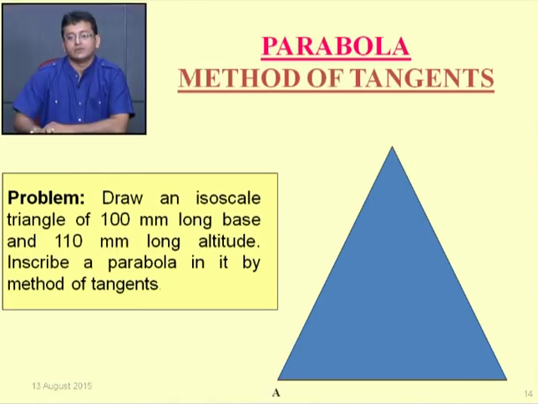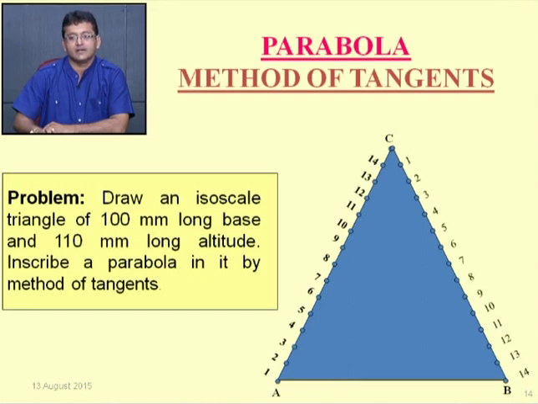Now divide both sides of the triangle into an equal number of parts. Name all these points from 1 to 14 on the left side, and in the ascending order from C to B, 1 to 14.